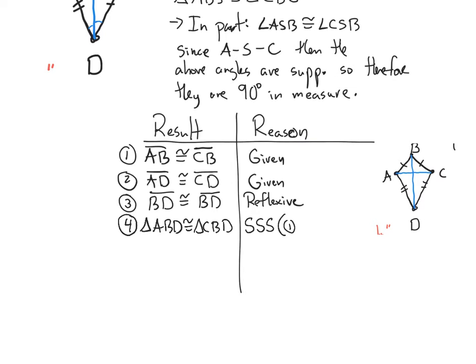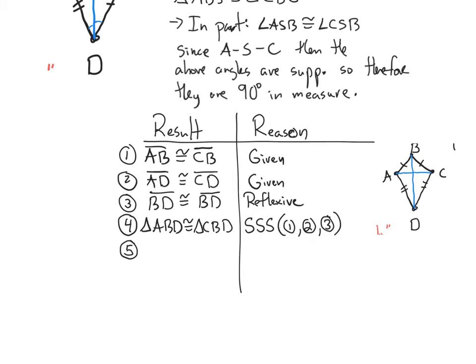That's by 1, 2, and 3. There are the three sides of each corresponding triangle. We have that they are congruent, so the triangles are congruent. And remember, the key thing is, once we know the triangles are congruent, we know all sides and all angles that are corresponding are congruent. Okay, so let's keep going.